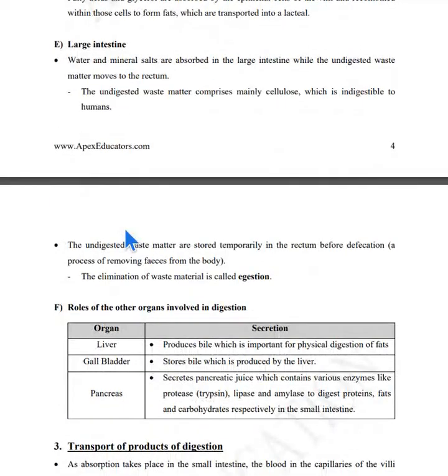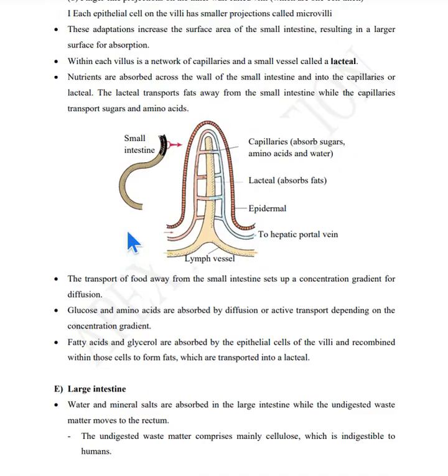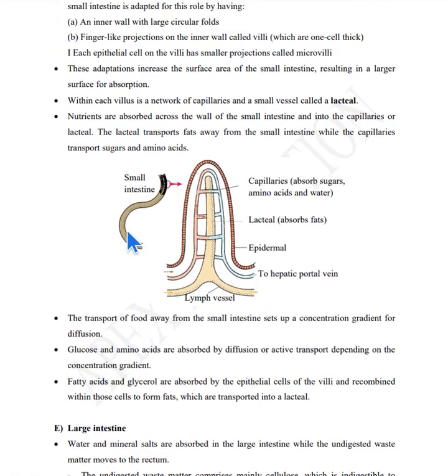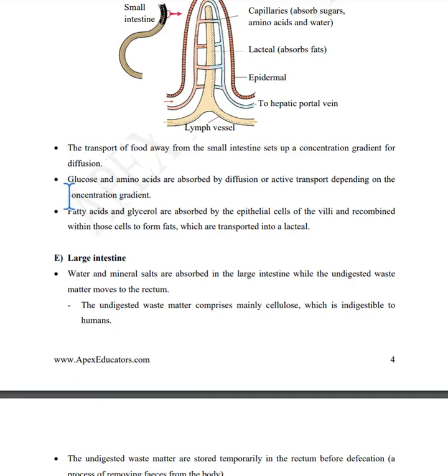Moving on down to the large intestine. Sorry, for the small intestine, you also need to state this. Glucose and amino acids are absorbed by diffusion or active transport depending on the concentration gradient. You need to know that as well.